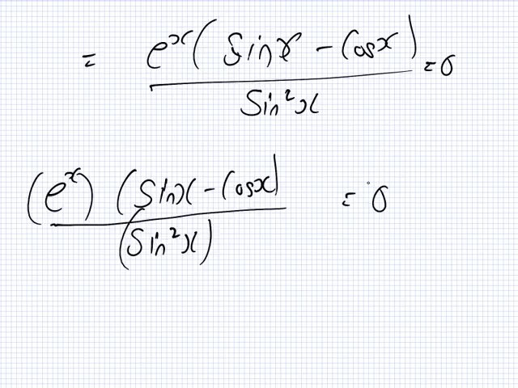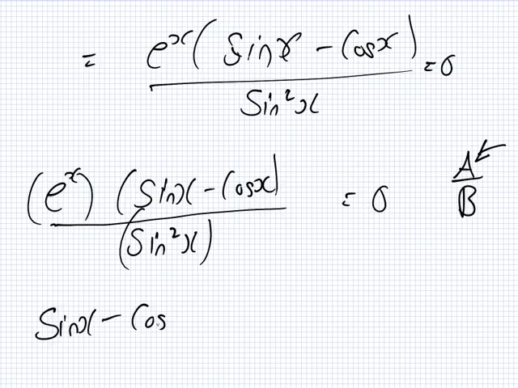So you have two choices. Either e^x equals 0 or sin x minus cos x equals 0. Because the only way to make 0 when you have a fraction is if the top is 0. That's the only way. So it must be that sin x minus cos x equals 0.